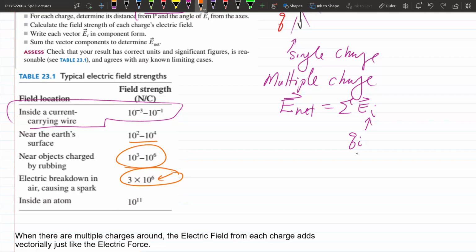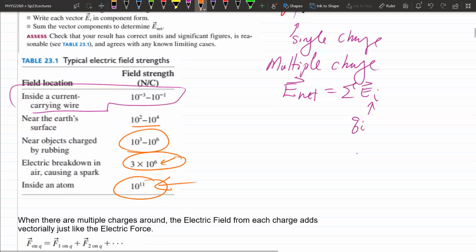The field holding the electrons to the protons inside the atoms is on the order of about 100 billion newtons per coulomb. So there's an extremely large force that holds these electrons to the nucleus.